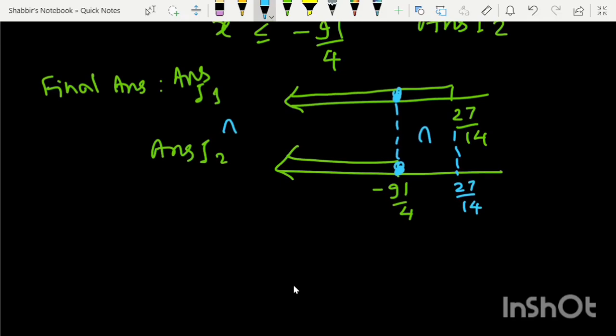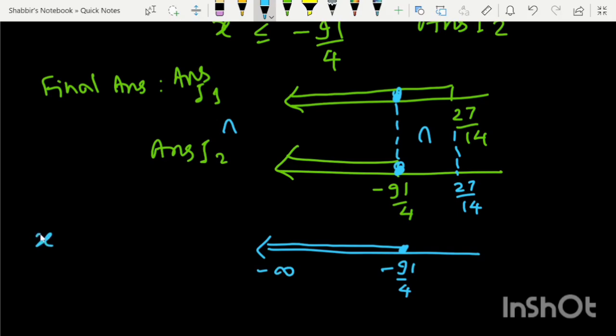The intersection would be minus infinity to minus 91 by 4. X belongs to minus infinity to minus 91 by 4, guys. That is the final answer.